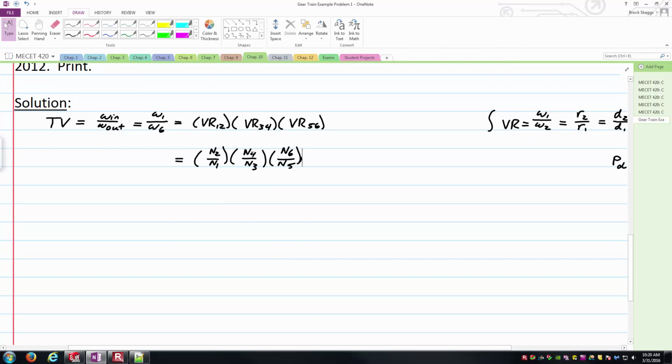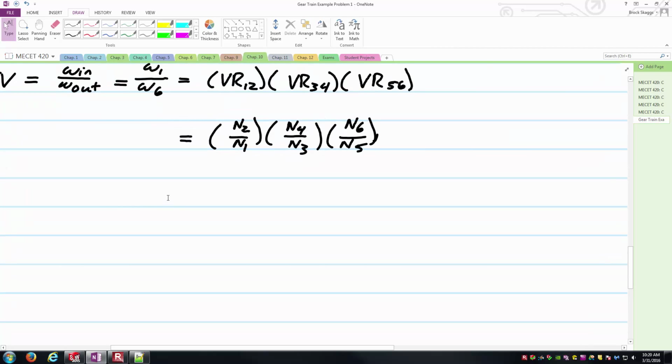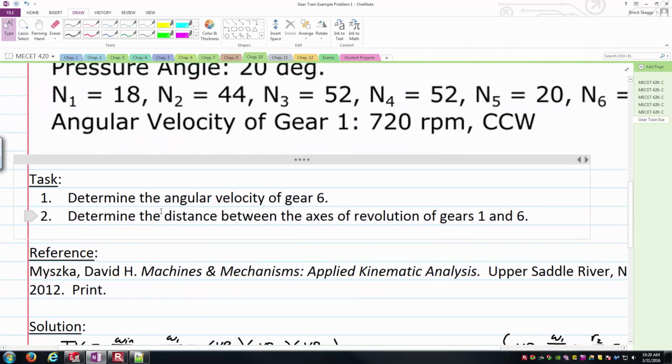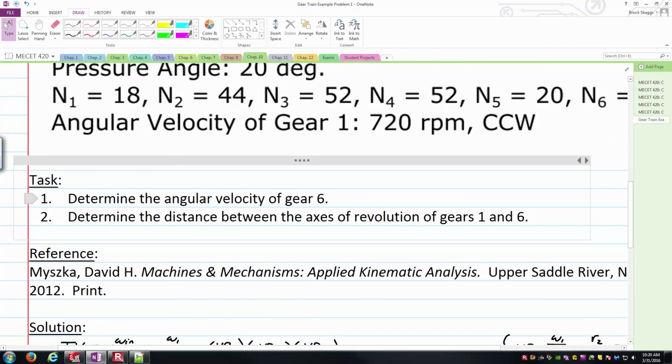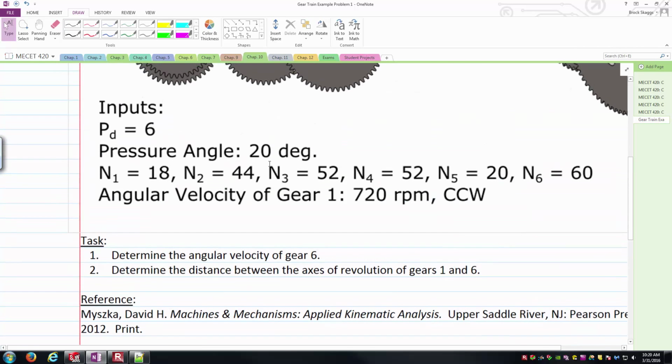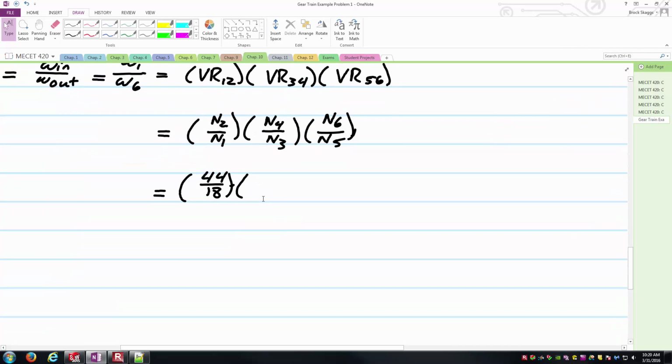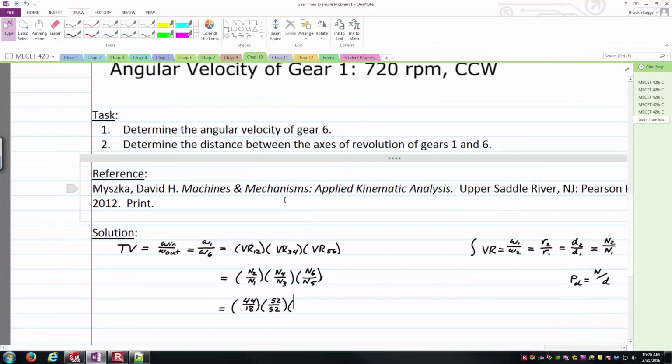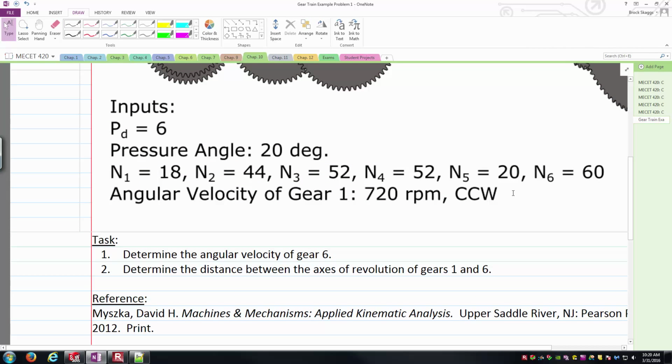So we know the number of teeth on each of the gears, so it's just a matter of plugging and chugging here to come up with this value. And so N1 and N2, N2 is 44, N1 is 18, so 44 over 18 is my first fraction. And N4 and N3, we have 52 over 52, so that's essentially going to be 1, but I'll go ahead and write it as 52 over 52. And N6 over N5, 60 over 20.